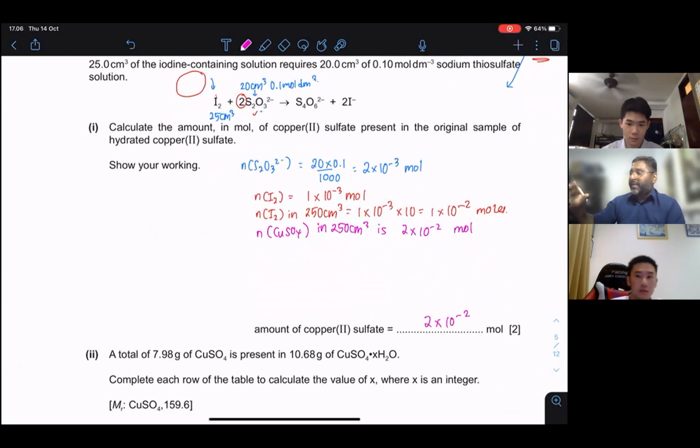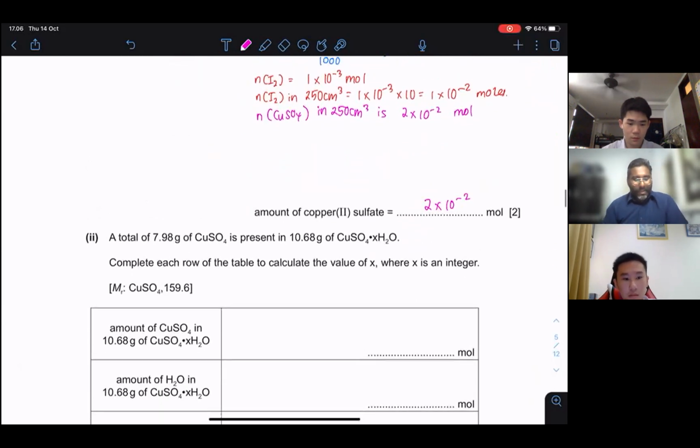Once you get that, we will continue further. So here, now you have all these values, then only you can continue working. A total of 7.98 gram of copper sulfate is present in 10.68 gram of copper sulfate dot X H2O.